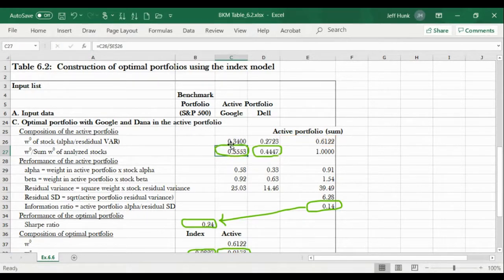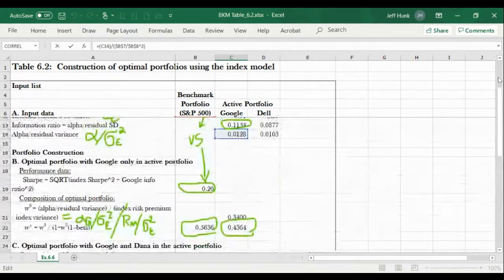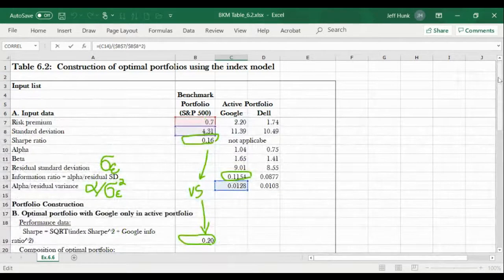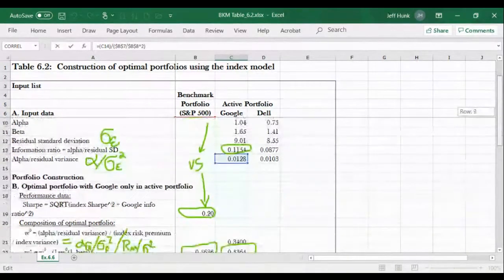C26, E26. First of all, alpha over residual variance. We did that already. C14, and we do the same thing. B7, we know that's B7.